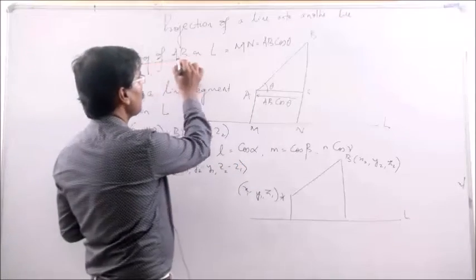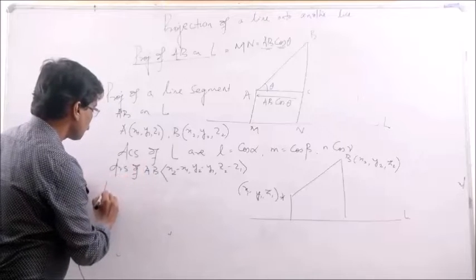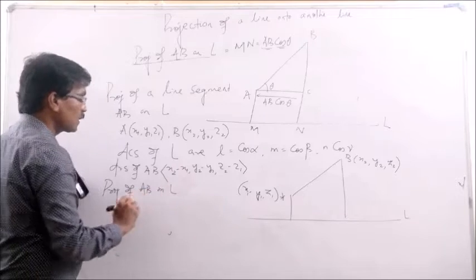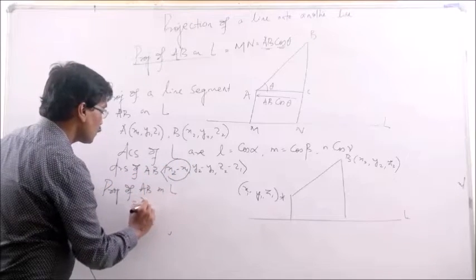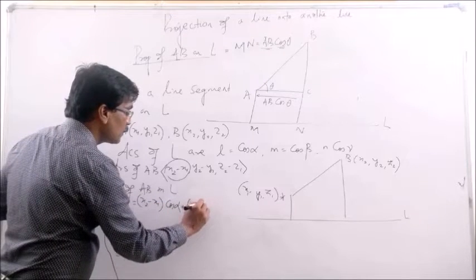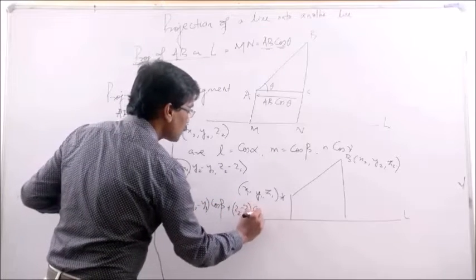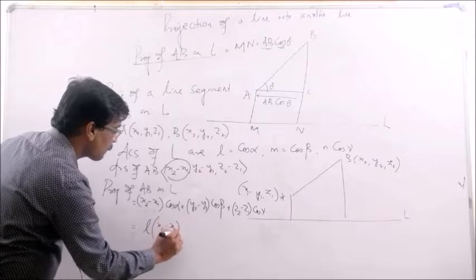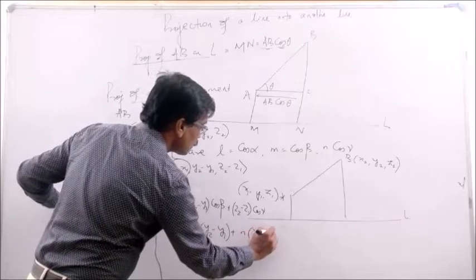As projection of AB on L is equal to magnitude of AB into cos theta, the projection of line segment AB on L is equal to direction ratios times cosines, that is x2 minus x1 into cos alpha plus y2 minus y1 cos beta plus z2 minus z1 cos gamma, that is equal to L into x2 minus x1 plus M into y2 minus y1 plus N into z2 minus z1.